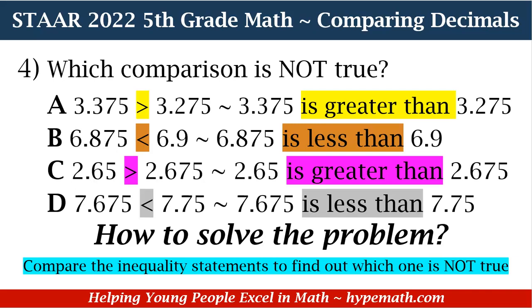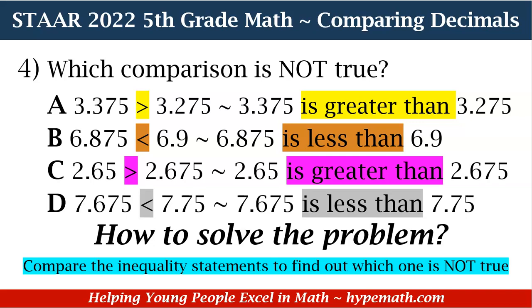Let's look at each inequality, okay? So A says 3 and 375 thousandths is greater than 3 and 275 thousandths. We're looking for what's false or what's wrong, okay? B, 6 and 875 thousandths is less than 6 and 9/10. Is that correct? C, is that wrong?